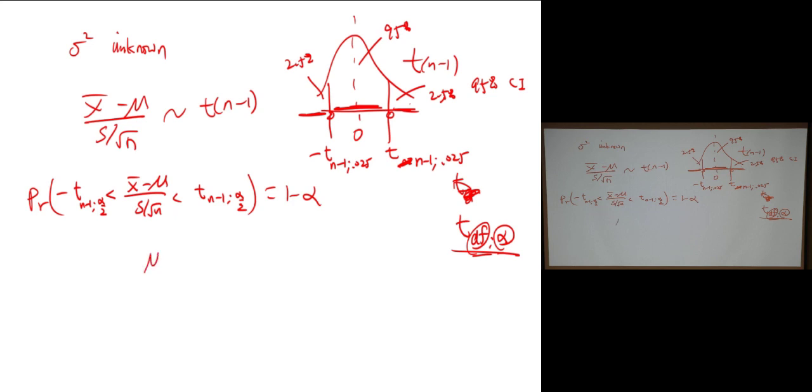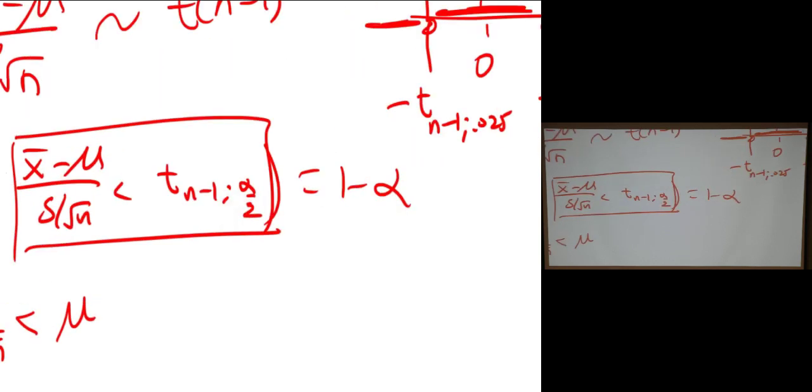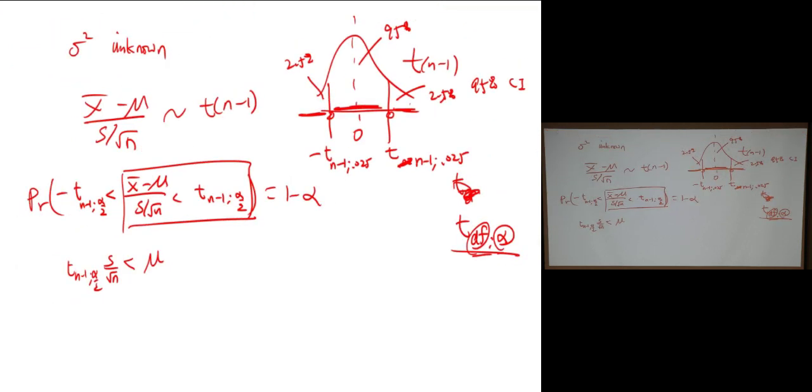Same story, rearrange it so that mu is in the middle. For example, look at this part. I just multiply this by s over root n, giving t n minus 1, alpha over 2, s over root n, on this side of the inequality. Then I move the mu here. I move it to the other side, so it becomes minus.